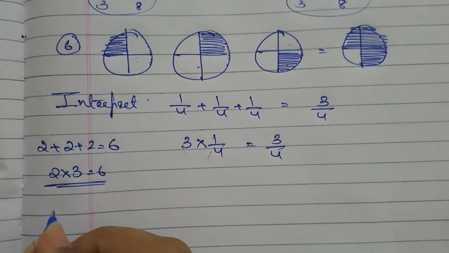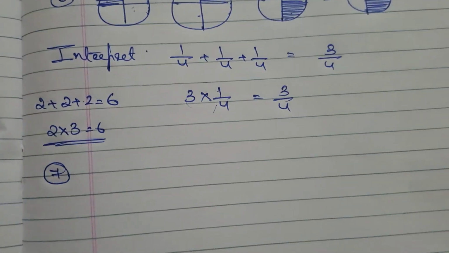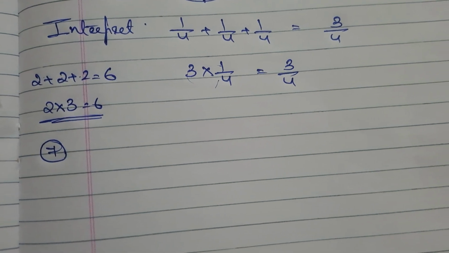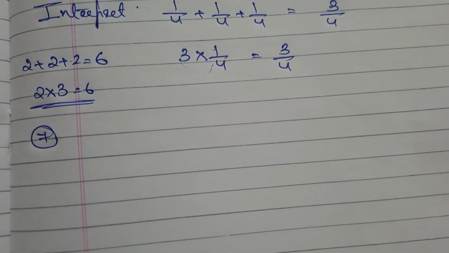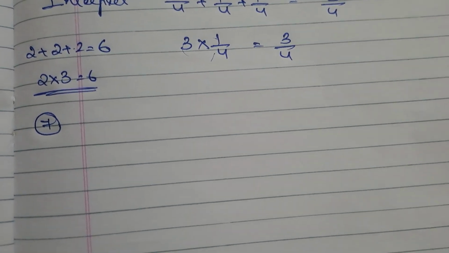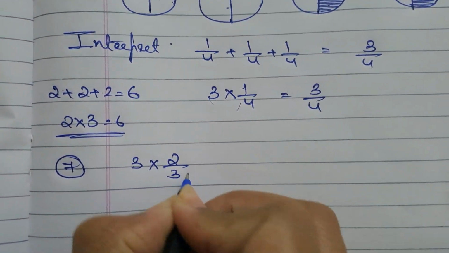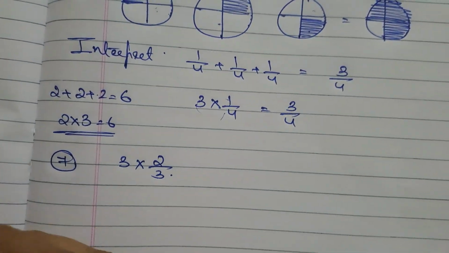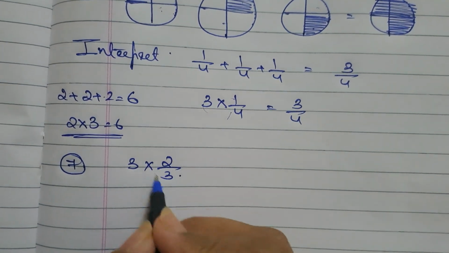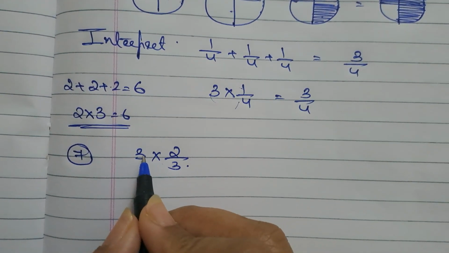Okay. Now looking at the seventh question, they have given a fraction. 3 times 2 upon 3 is the fraction given to me, and they want me to write the diagram for it. So 2 upon 3 is coming how many times? 3 times.